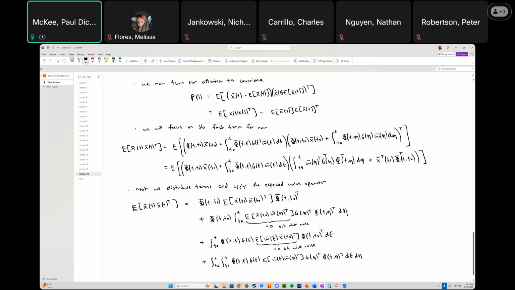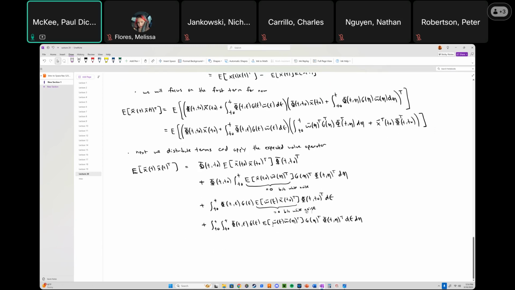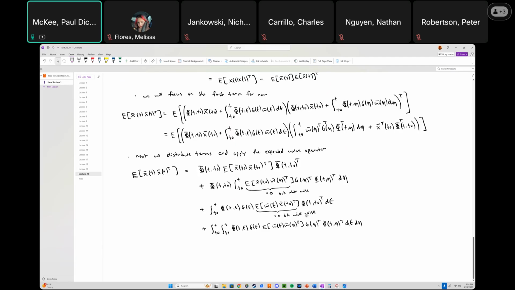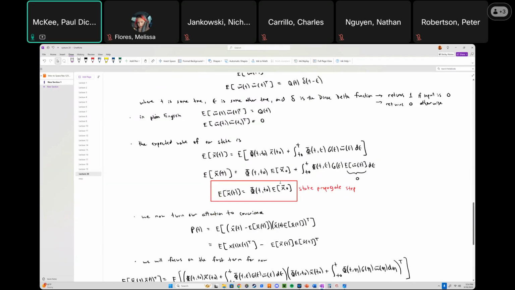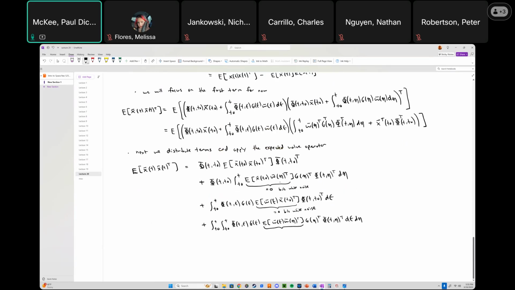And then our final term is, remember, the expected value of omega omega transpose is 0 in general. It's q of t only when the two times are the same. So I'm going to take this and rewrite it as q of epsilon and then Dirac delta epsilon minus eta.